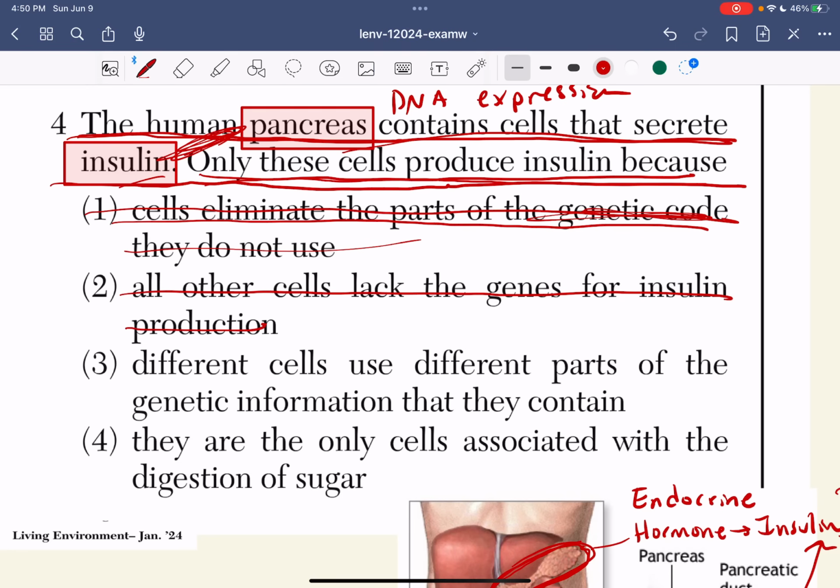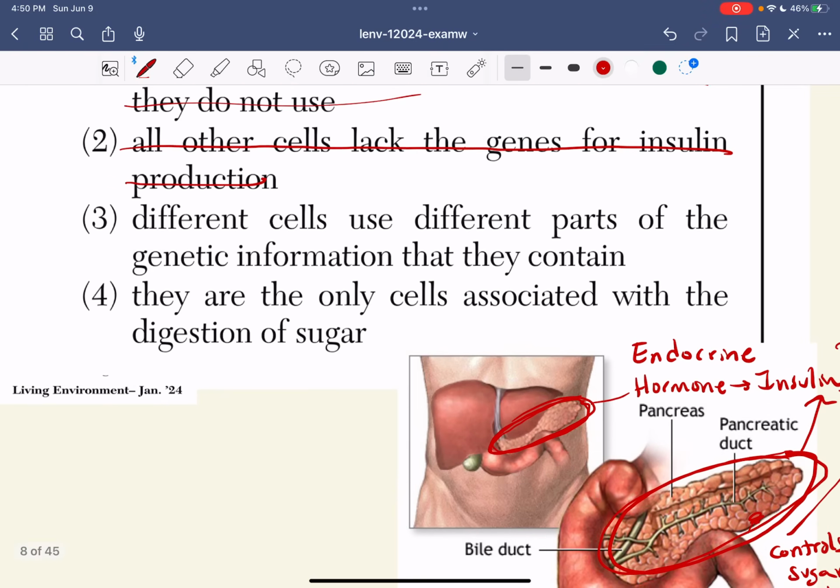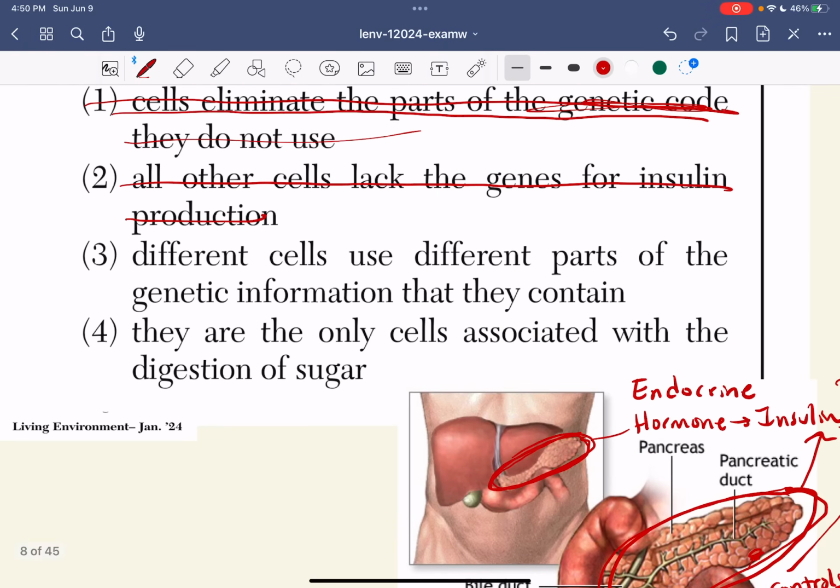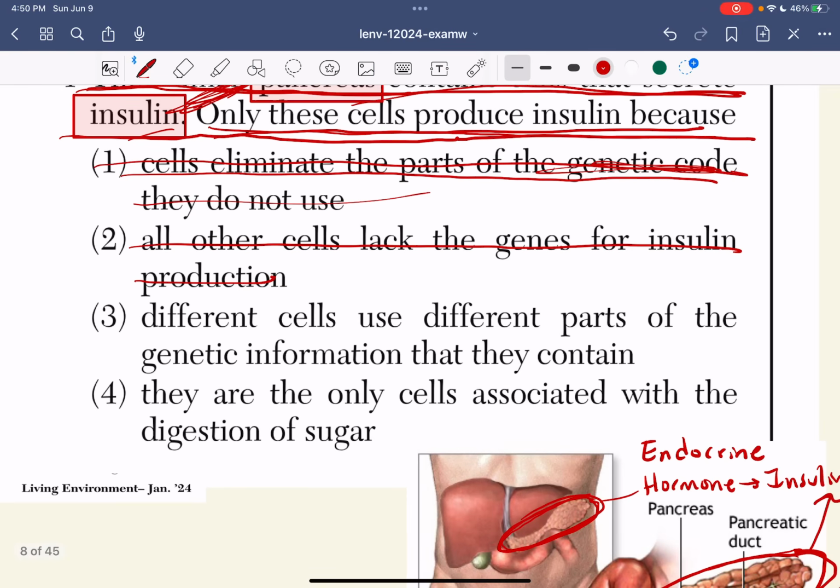There's nowhere in your body where a cell does not have your exact copy of DNA, with the exception of your sex cell gametes. Sperm cells from a male and egg cells from a female are the only cells that have a different type of DNA. But all skin cells, liver cells, pancreas cells, brain cells, eyeball cells, tongue cells, they all have the same copy of DNA in the nucleus.